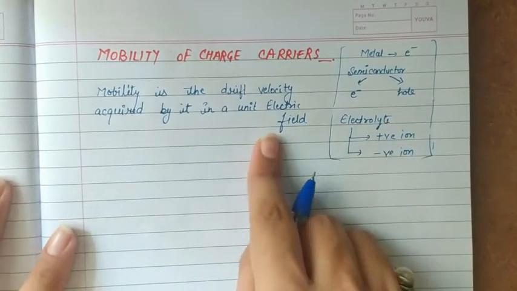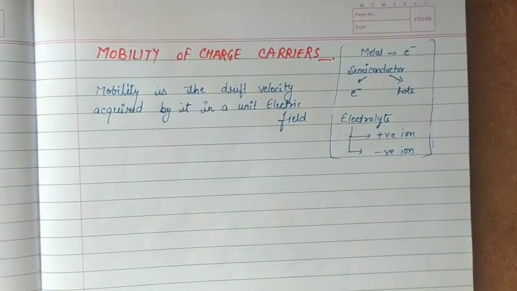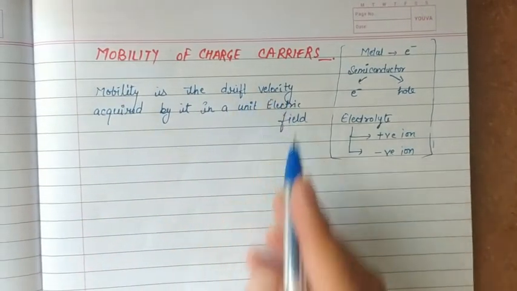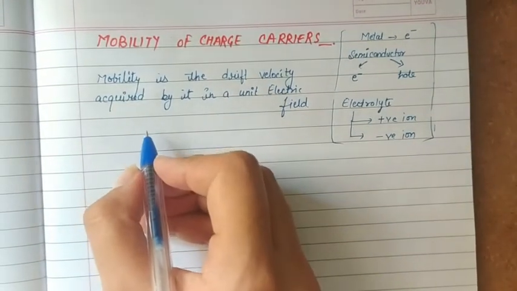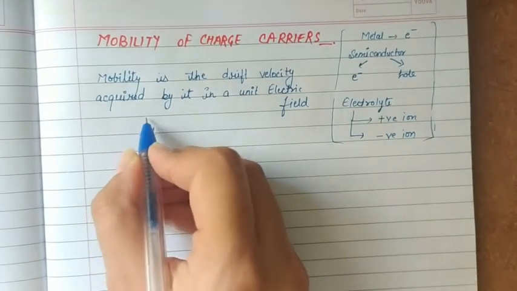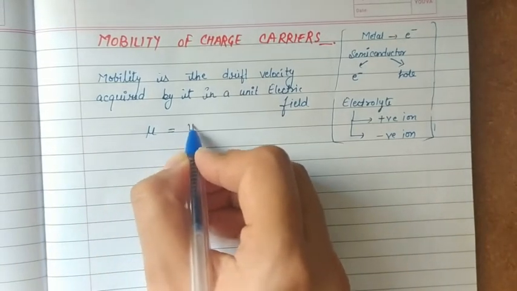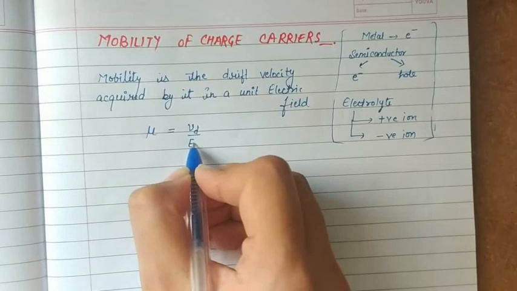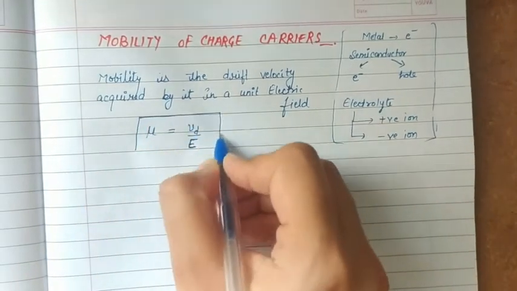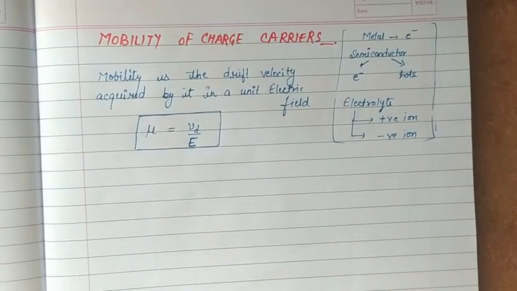Means if we apply a unit electric field and attain some drift velocity Vd, then the mobility is equal to Vd. Mobility is mathematically represented by the letter mu. Mobility mu is equal to Vd upon the applied external electric field E. This is the formula for mobility.